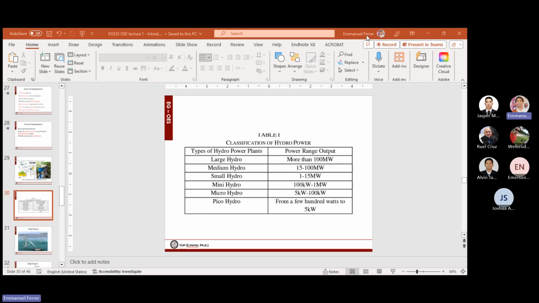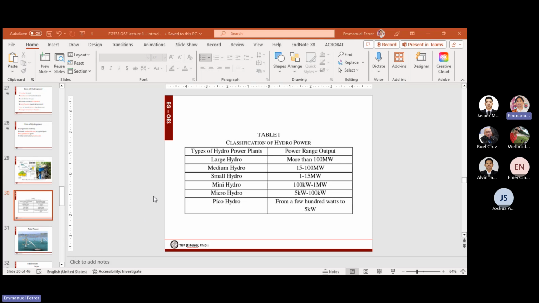Marami rin ba sa inyo nasa academic? Yung nag-work kayo sa academic? Or most of you are sa private. Si Jasper pa yung nasa RTU. Yes po, sir.